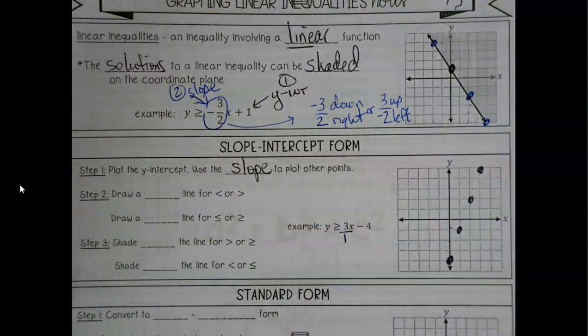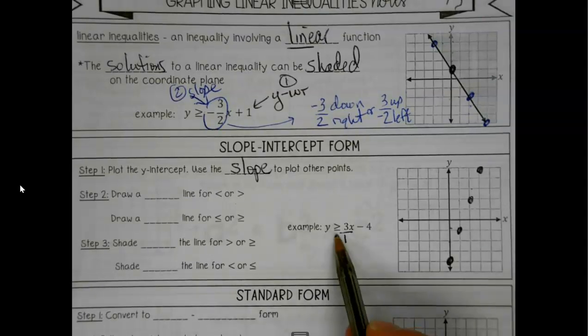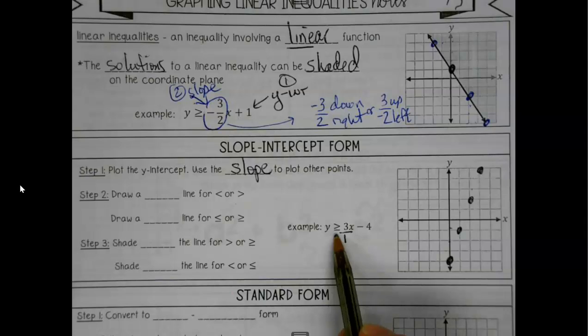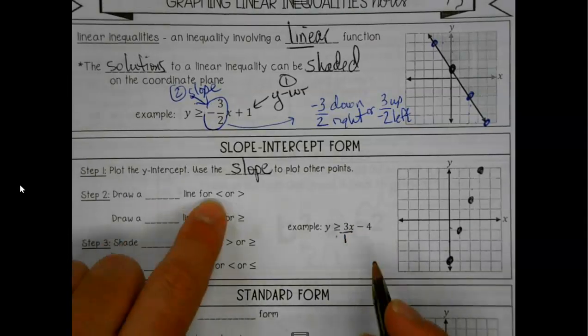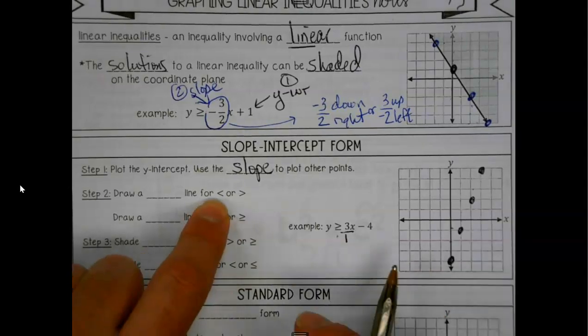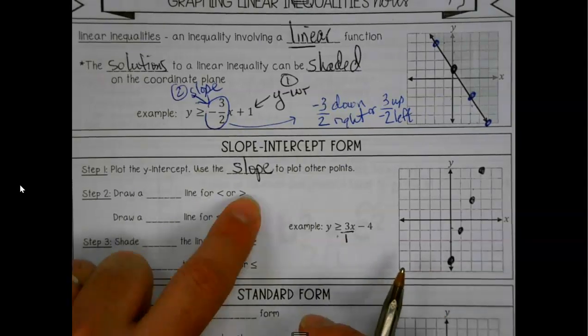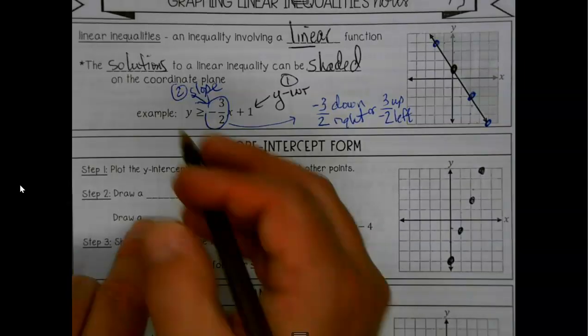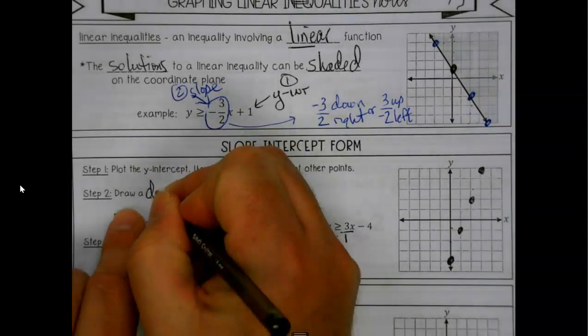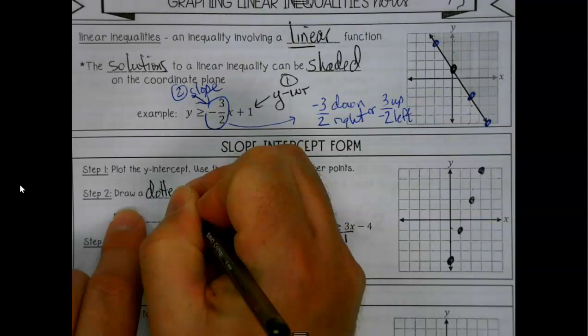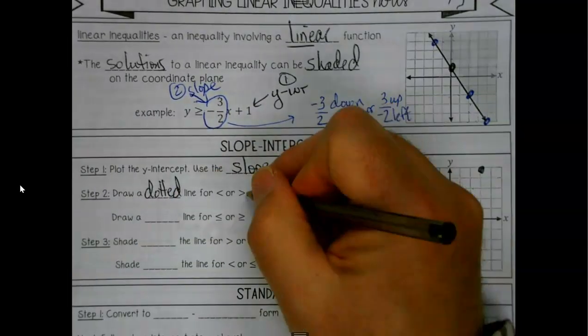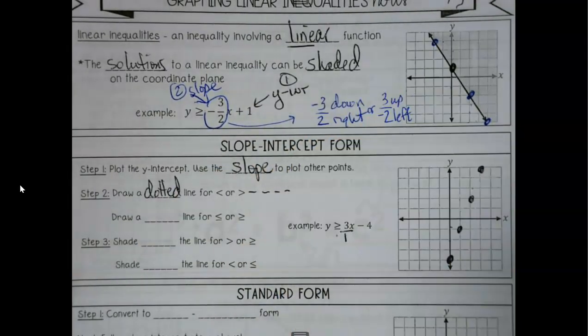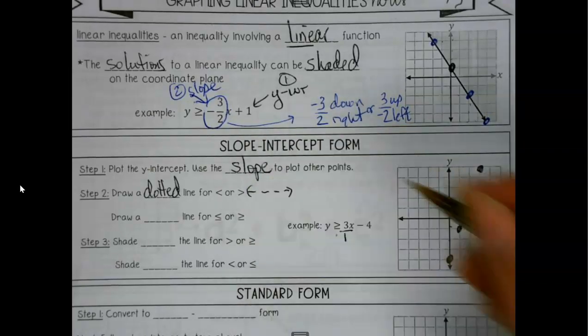But here's where inequalities are different from regular lines. What type of arrow you have is going to determine what type of line you're going to draw through here. So if it's just less than or greater than, we would use a dotted line, or a dashed line, as it's sometimes called.